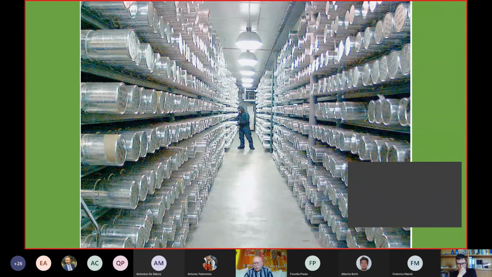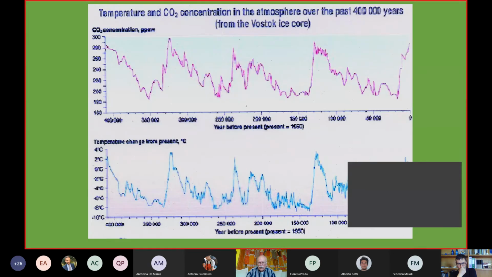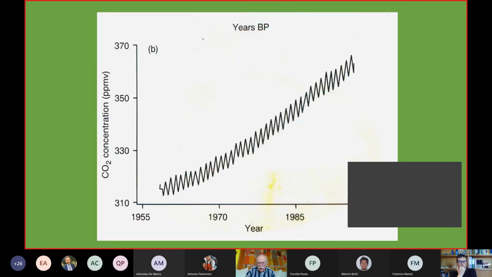Now, from other measurements, you know exactly to a tenth of a degree what the temperature was at that time. Now you plot the temperature against the CO2 concentration, and you see very clearly that the greenhouse warming effect is created by changes in the CO2 content of the atmosphere.